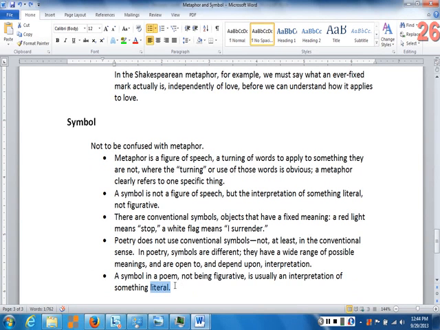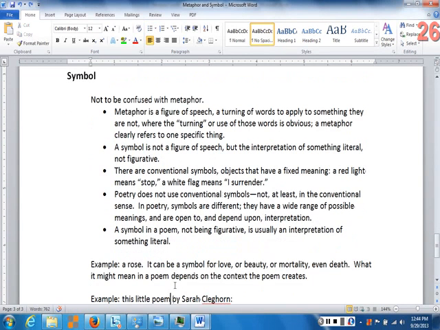Okay? We do not treat, going back to the Mary Oliver poem, the spinning and tossing of white ribbons as if it were literal. We know that no, she does not mean that literally. But let's look at some examples of symbols, and then we'll get back to this idea of the literal.